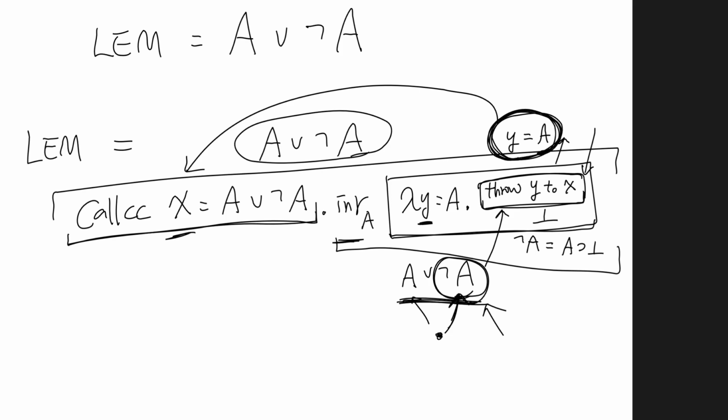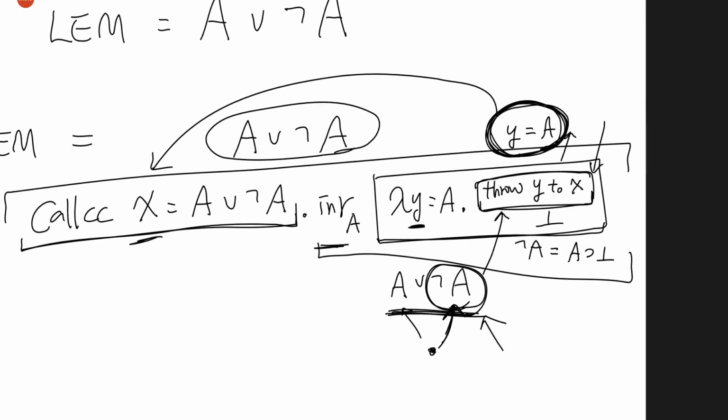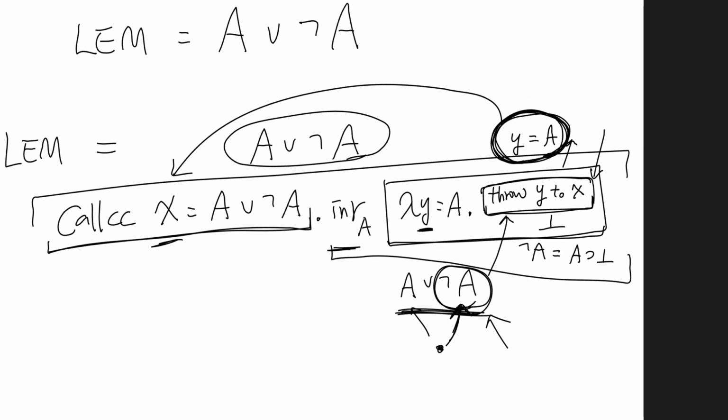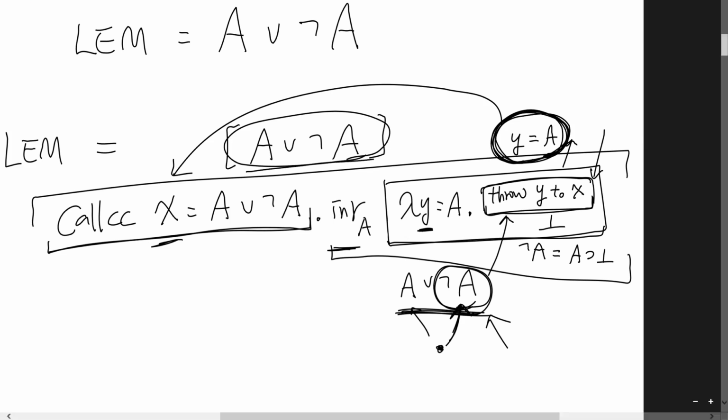But I made a small mistake here. Before we go back in time, we have to build a value of A disjunction negation A. So returning this value y without any further modification would be wrong.